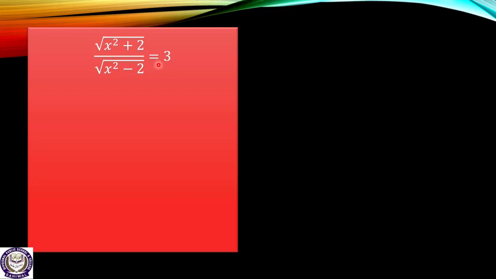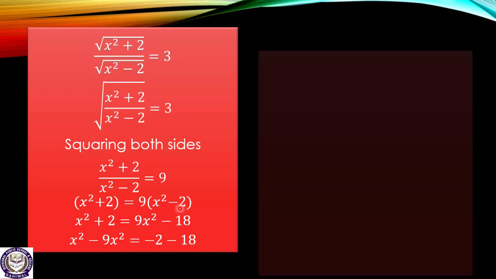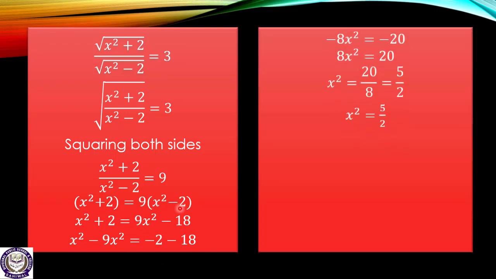By using the property of square roots, we can write this fraction as a single square root, that is square root of (x^2 + 2)/(x^2 - 2), which is equal to 3. Squaring both sides, we get (x^2 + 2)/(x^2 - 2) equals 9. Or we can write this equation as x^2 + 2 is equal to 9 times (x^2 - 2). Simplifying this equation for the value of x, we get x^2 is equal to 5/2.